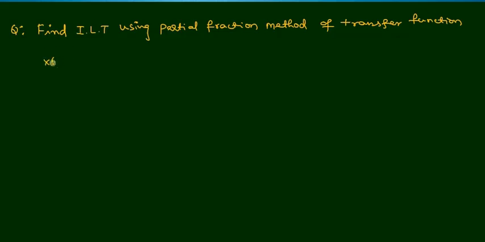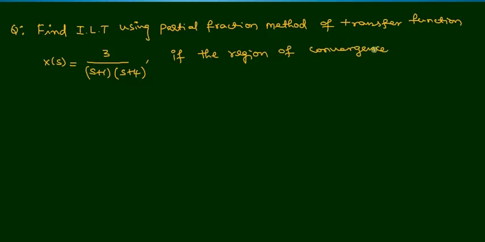X of s equals 3 by (s plus 1) into (s plus 4), if the region of convergence is: point number 1, real part of s is greater than minus 1.